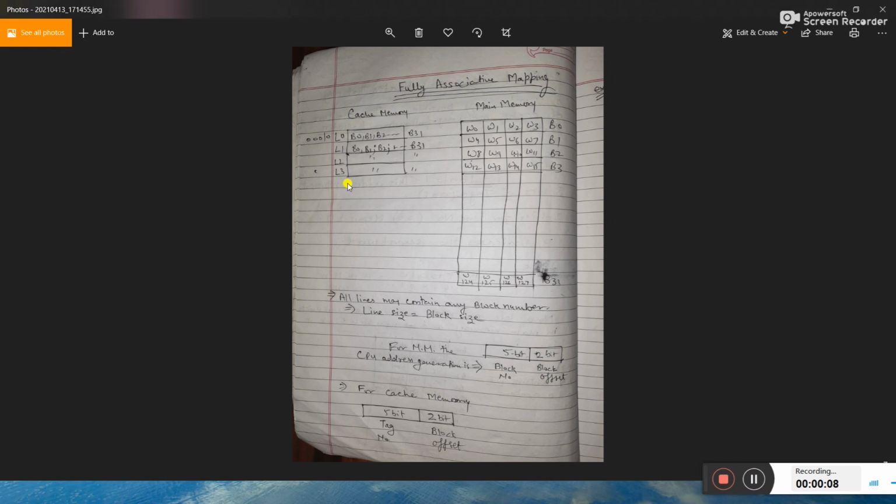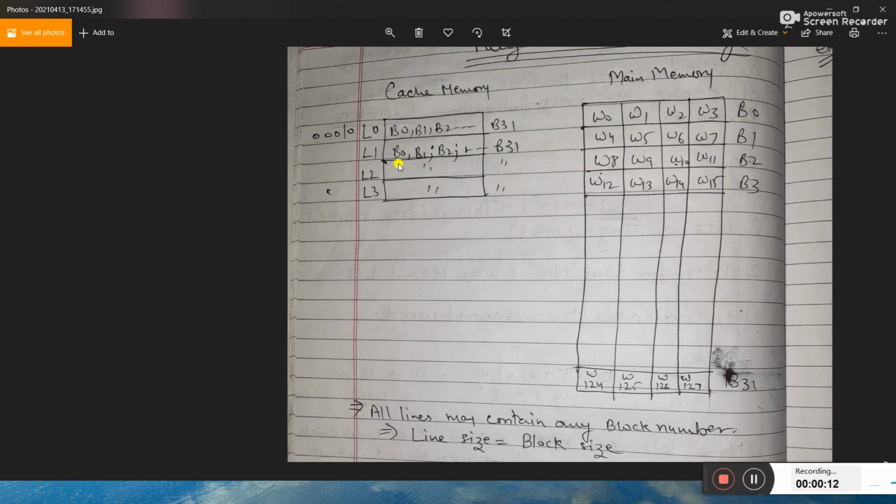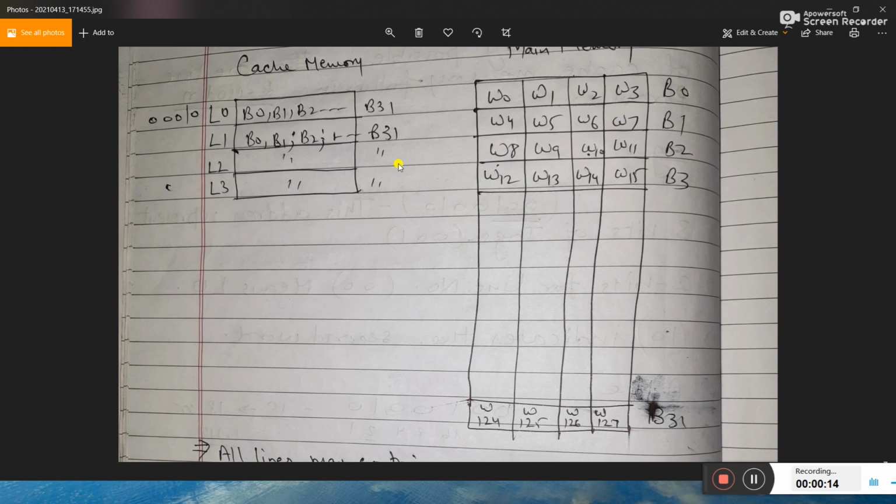In this case, there is no formula and no fixed rule that line 0 can hold only this type of block and others are not possible.